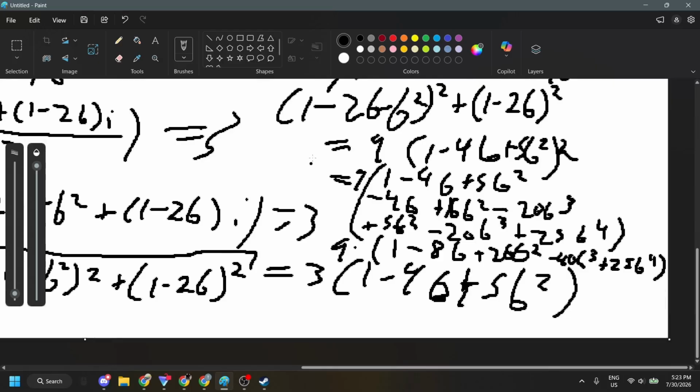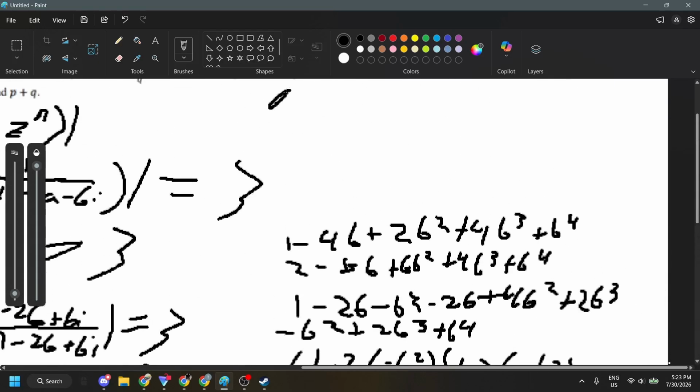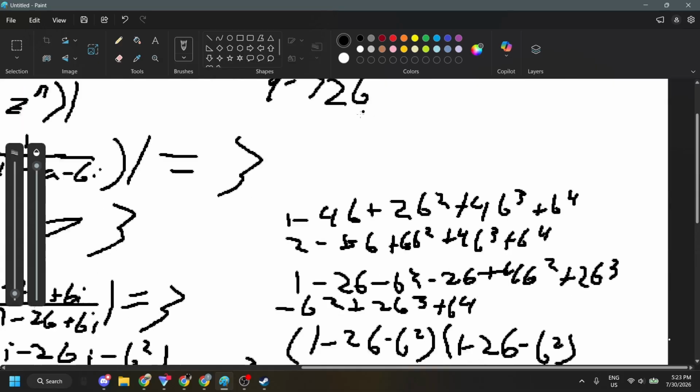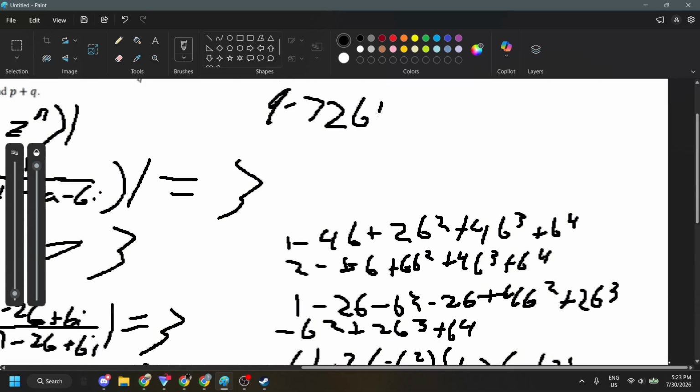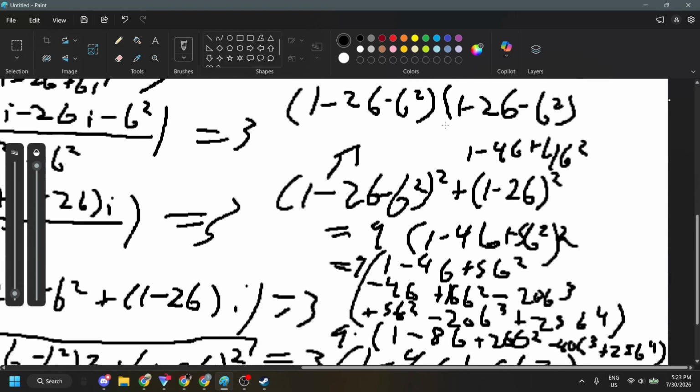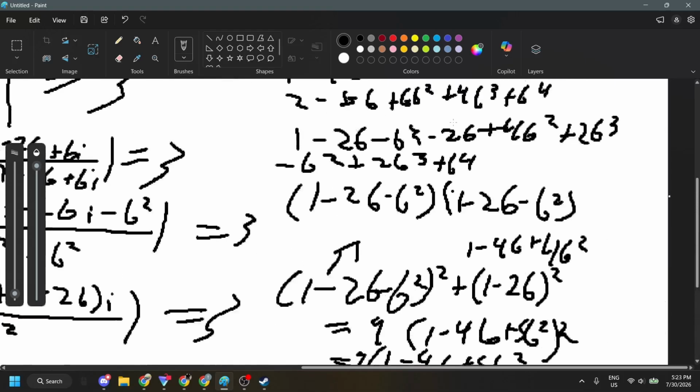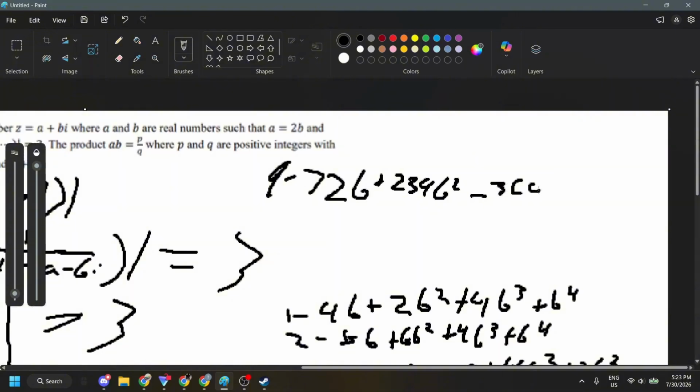So we have one side where we have 9 minus 72b plus 9 times 26 is 234, plus 234b squared minus 360b cubed.